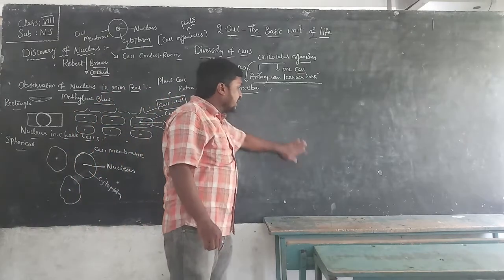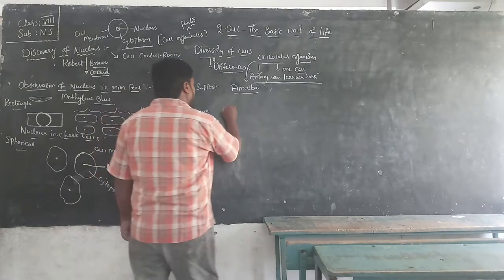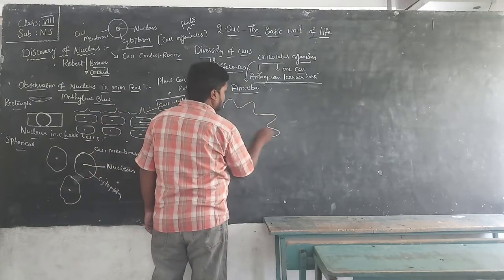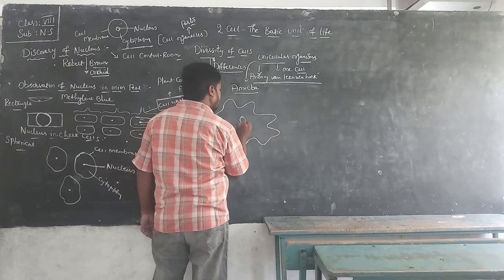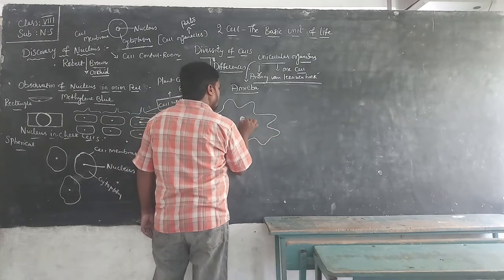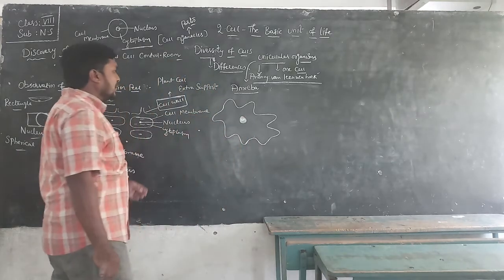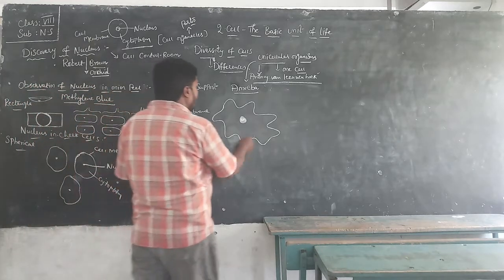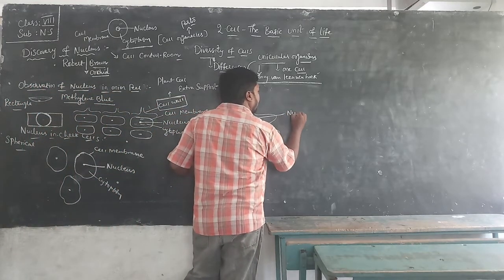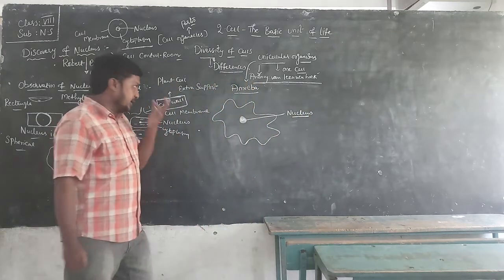Now I will draw the diagram of amoeba, very important from the exam point of view. Amoeba. This is amoeba. Keep it in mind, amoeba does not have a particular shape. In the center of the cell of amoeba, we can find a nucleus.